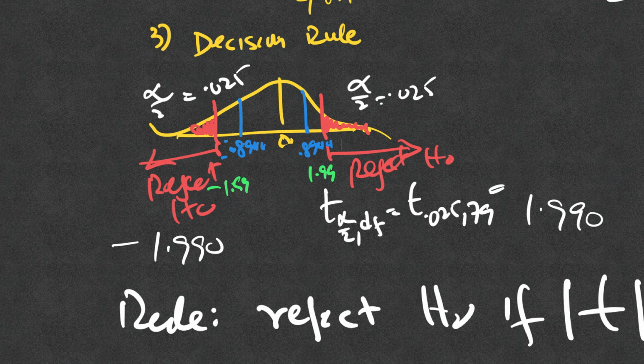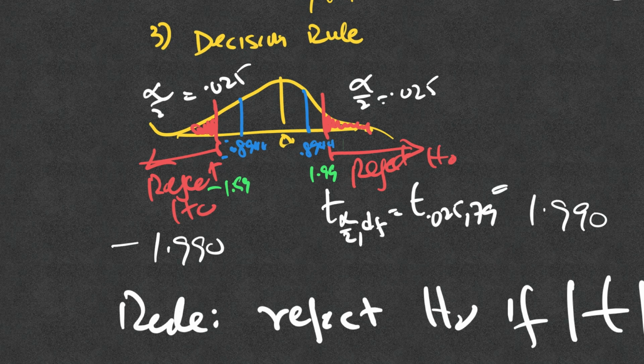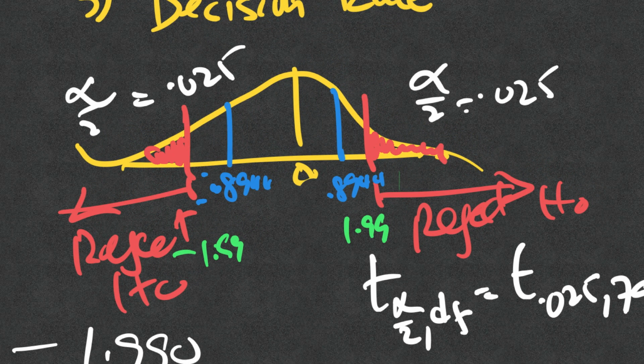But the probability of observing that kind of evidence is this area right here, the green area. This one plus that one, right? That's the probability of observing that kind of evidence. All right? So let's find it. We know the value of the t. We have the degrees of freedom. Let's find what areas those are.